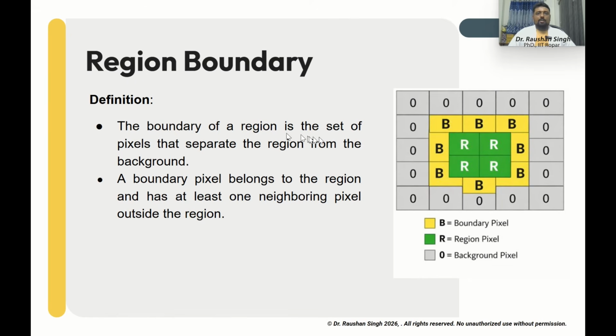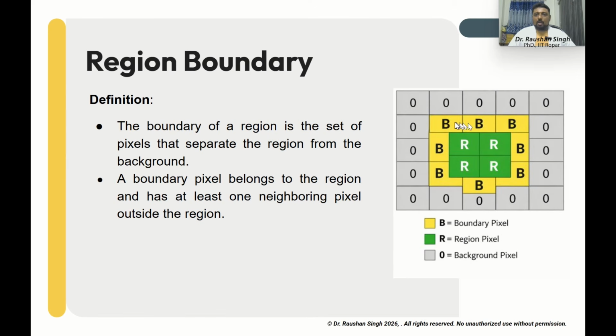The boundary of a region is a set of pixels that separate the region from the background. A boundary pixel belongs to the region and has at least one neighboring pixel outside the region. So what it basically says is, if there are regions 1, 2, 3, 4, they are connected or not connected, but generally they should be connected. Those are the connected regions.